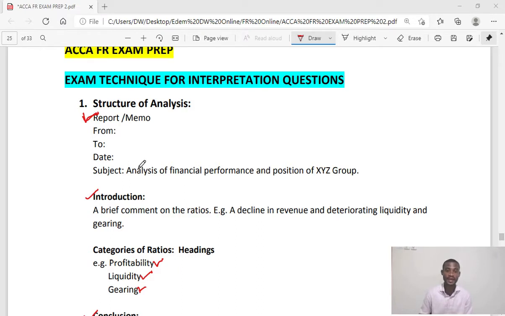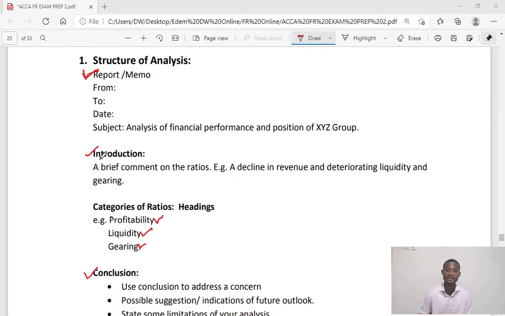And if that is the case, it is always a good thing to start with an introduction. So you type in the introduction, and then you pass a brief comment on the figures you have calculated. Very important. The examiners like it when you begin with an introduction, where you highlight what you have done in terms of the calculations. One from maybe profitability, one from liquidity.